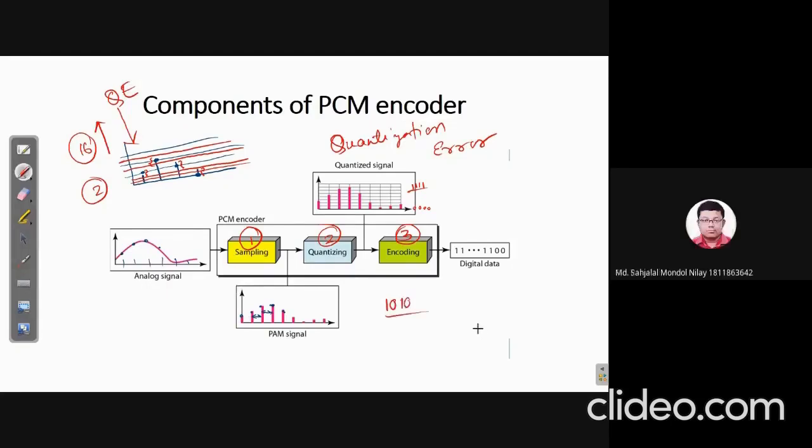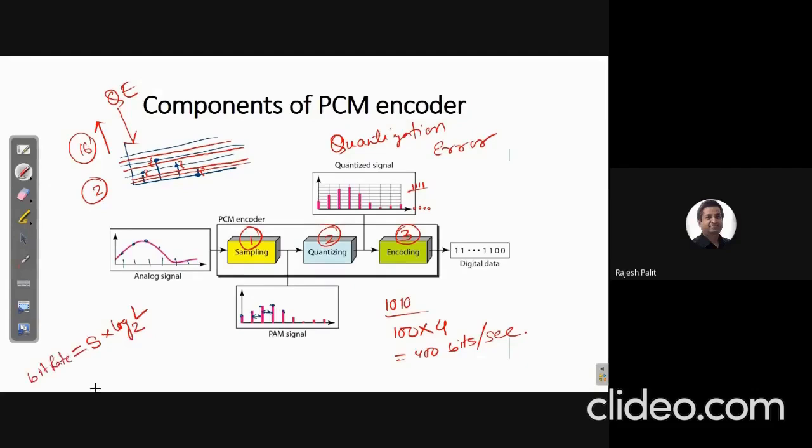Now for each second, if there are 100 samples, 400 bits will be generated per second. So if the sampling rate is S and the number of levels is L, this is the bit rate.